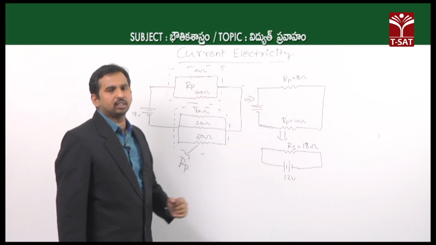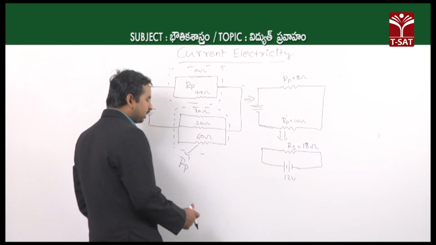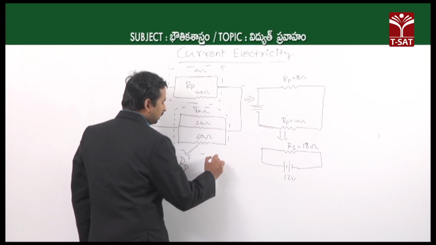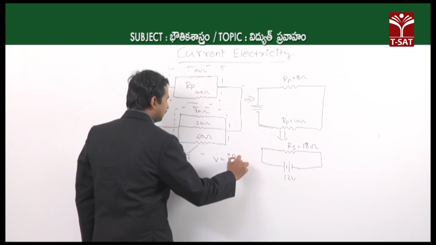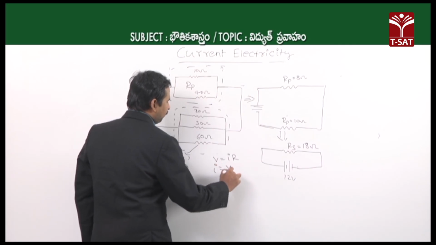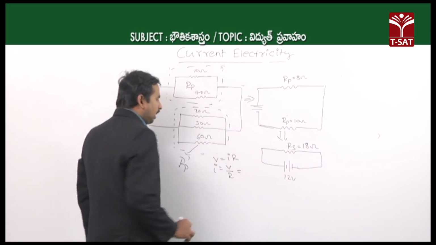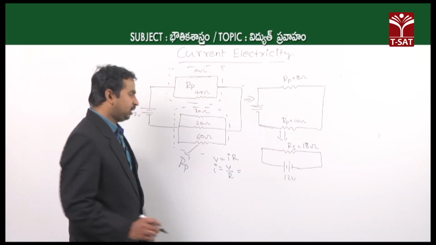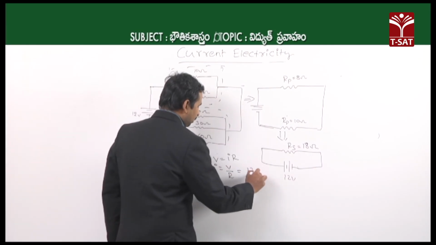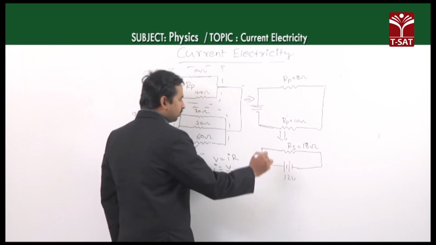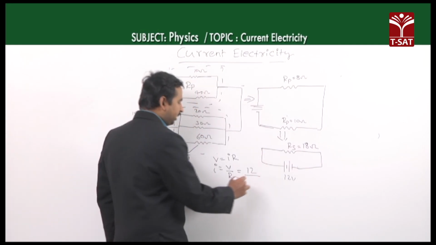And if you want to find the total current passing through, we know that V is equal to IR, so I is equal to V by R. How much voltage are we supplying? It is 12 volts. And R we got is 18.